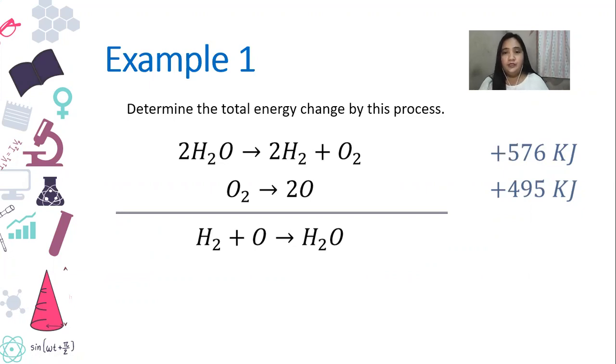So this one simply says: find the total energy change for this process. We're breaking down water to two hydrogen and one oxygen, and also breaking O2 into 2O.